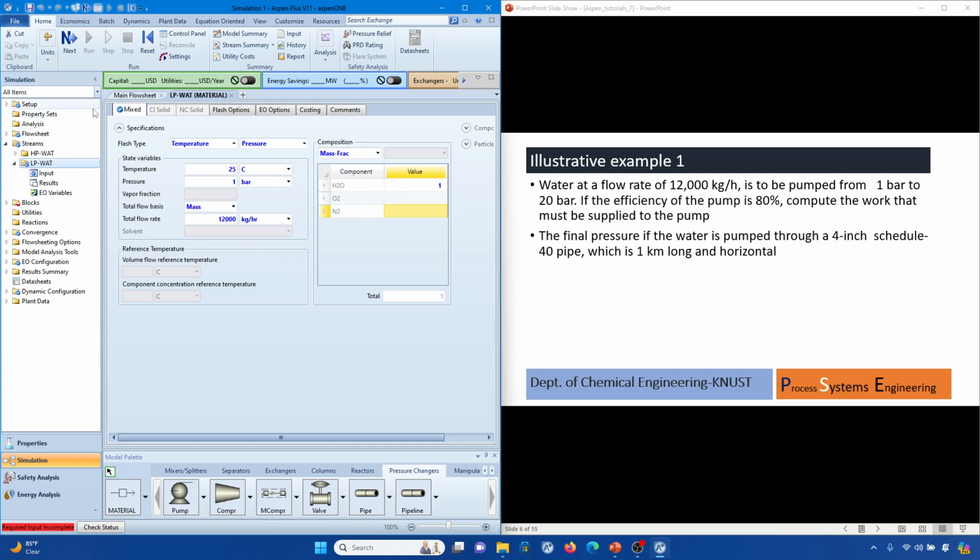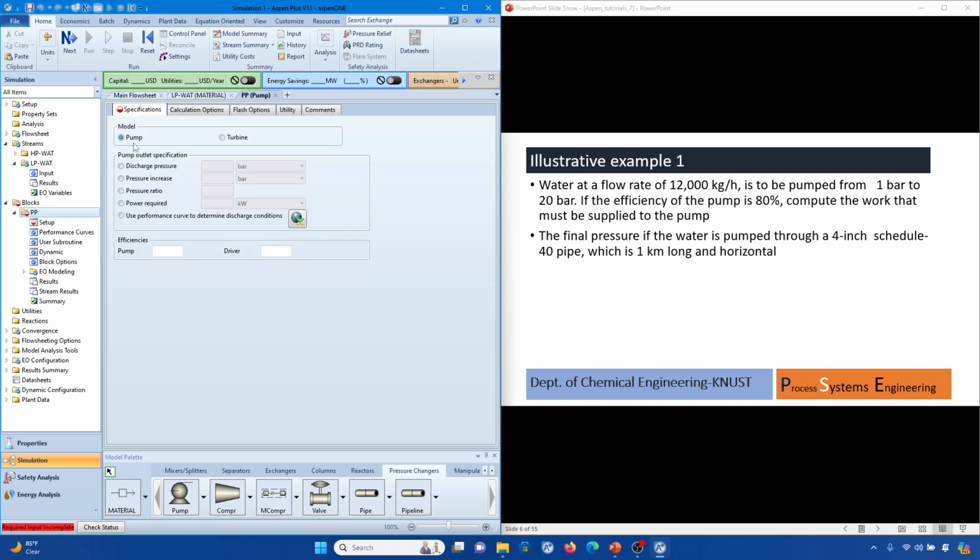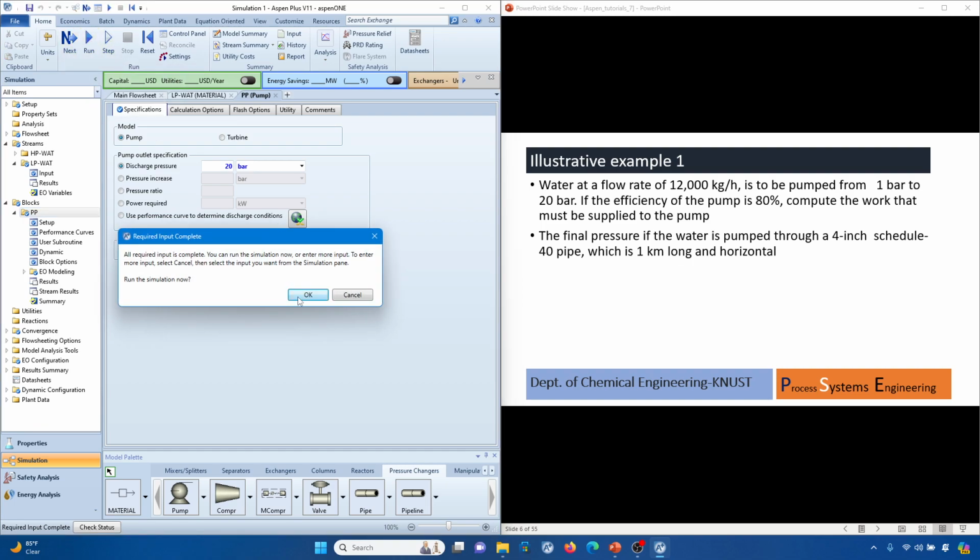We have the efficiency, so we go straight to our pump block. We choose to specify the discharge pressure. That should be 20 bar. Our pump efficiency is 80%. With that specified, we can run a simulation.